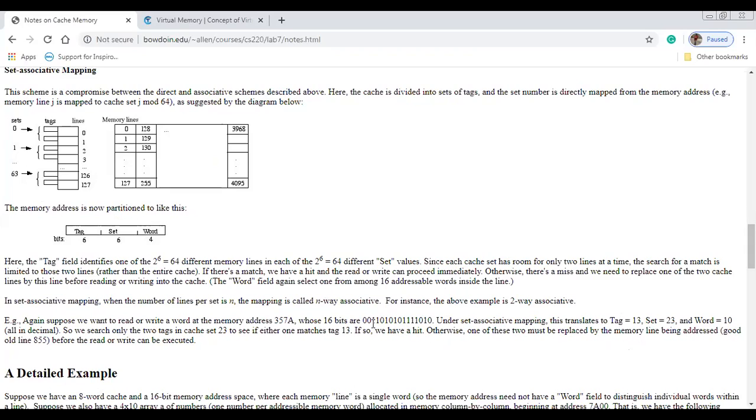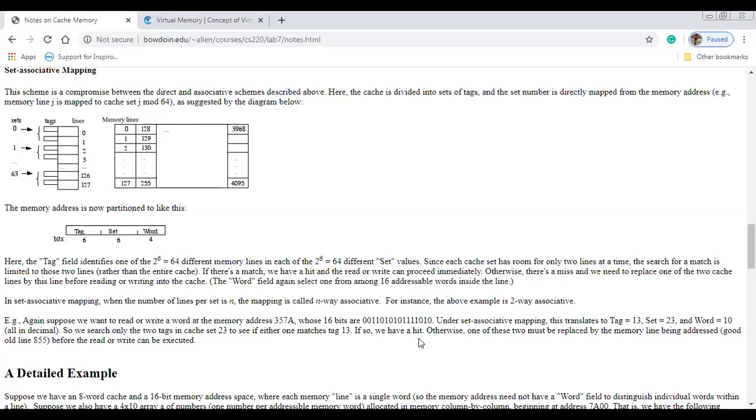If you are taking a different number, it will vary again. It is not a fixed one. Suppose I am taking 400, again the 400 you will convert into binary. Then tag value will change and set value will change. It is not fixed all the time. Based on the location we are searching, it will vary. Am I clear? I am taking 357. Is it clear?